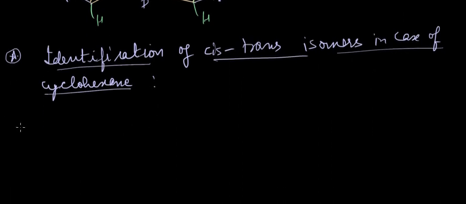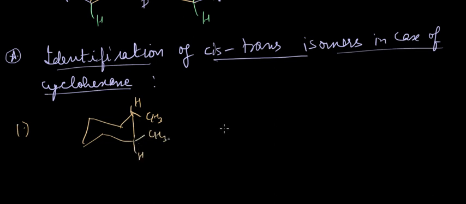So first example, we have a ring in which we have CH3 at the down equatorial position, H as the upper axial position, H down here and CH3 up here. So this is trans. Why?